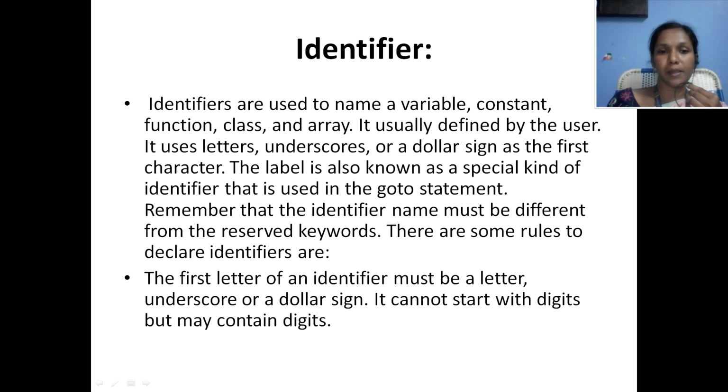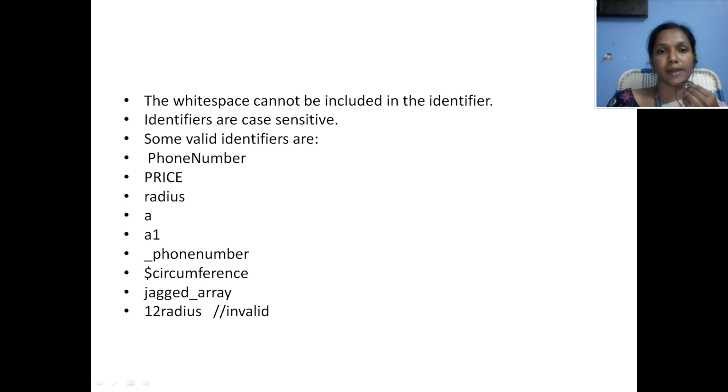The remaining characters can be followed by numbers, but the first character must be a letter, underscore, or dollar sign. An identifier can't start with a digit or other symbols. Also, don't use keywords as identifiers, because keywords already have a special meaning.